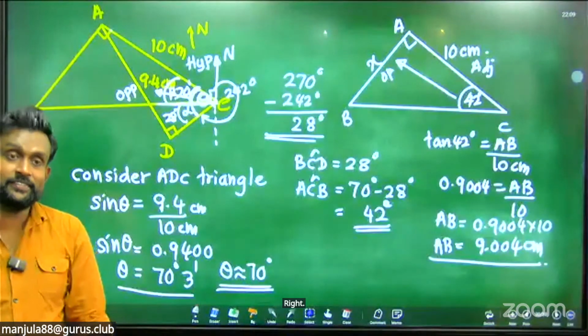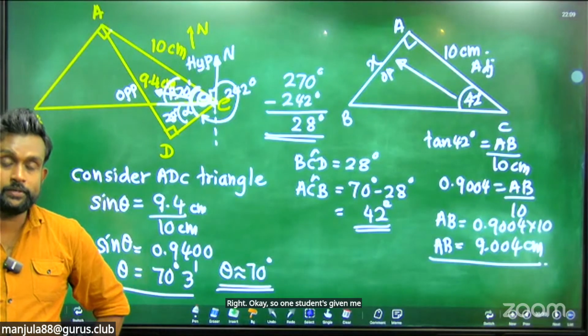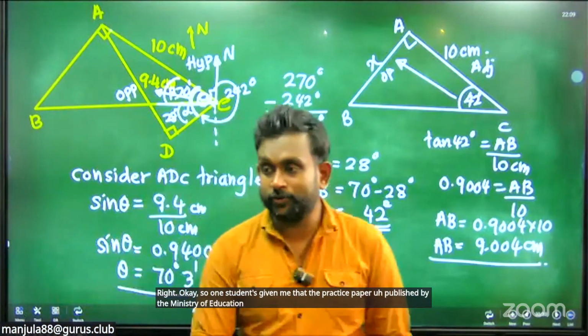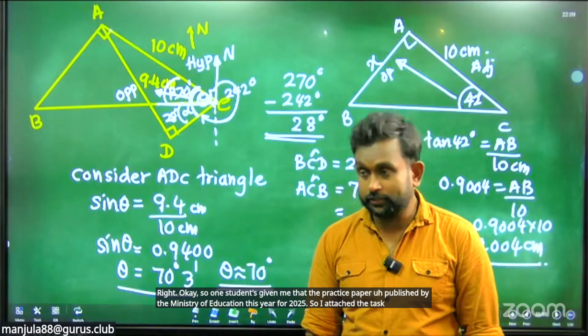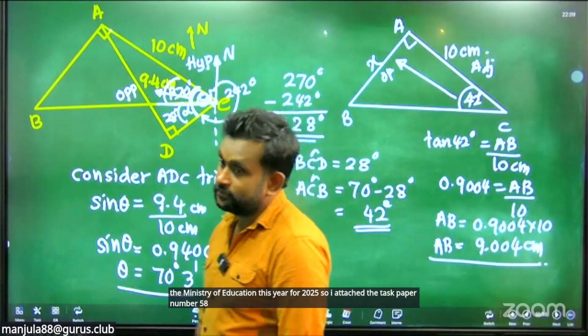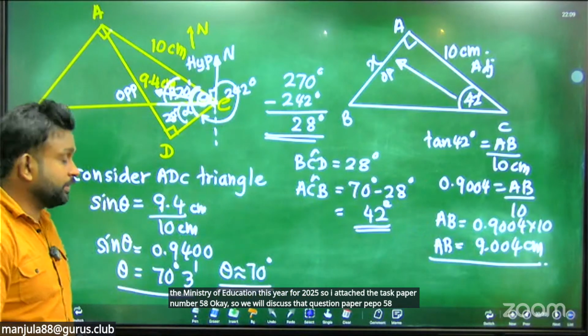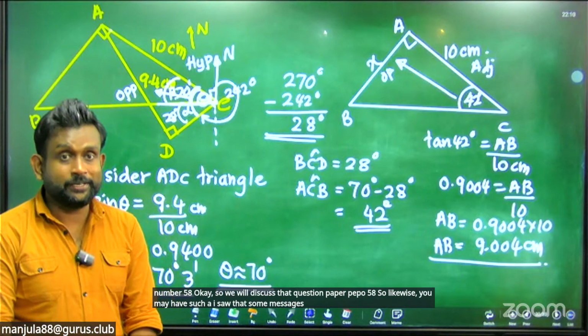Okay. So one student has given me the practice paper published by the Ministry of Education this year, 2025. So I attach it as paper number 58. Okay, so we will discuss that question paper 58. So likewise, you may have such. I saw some messages also about percentage and that question.